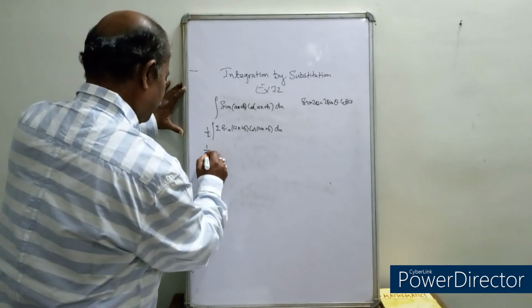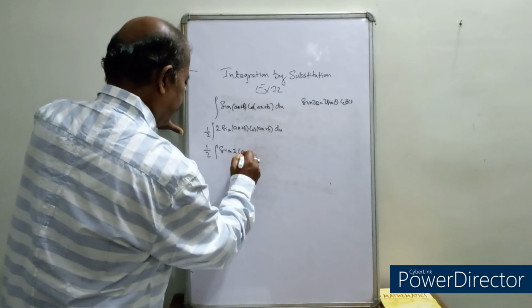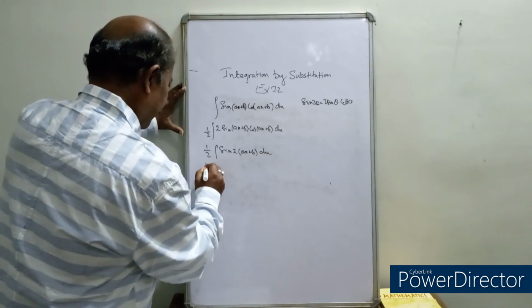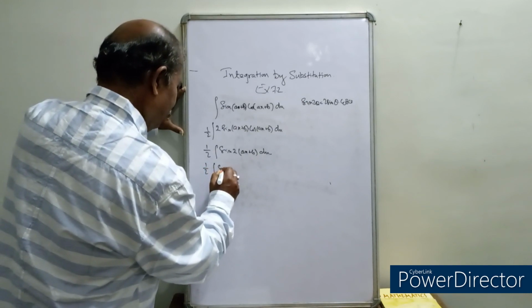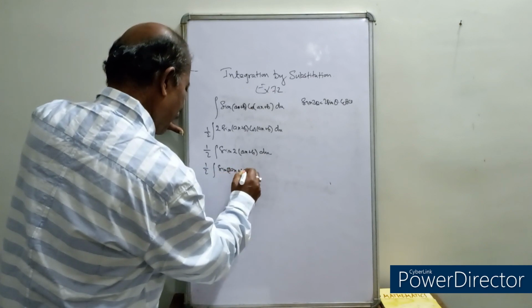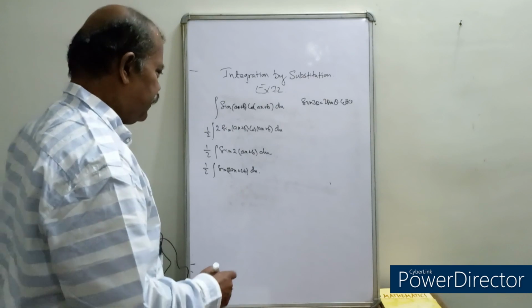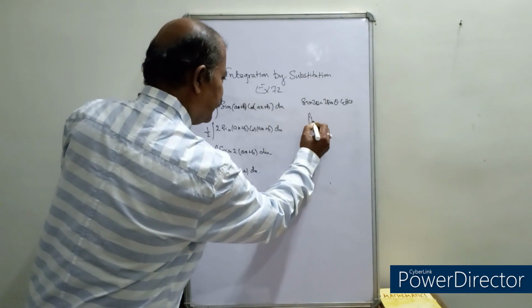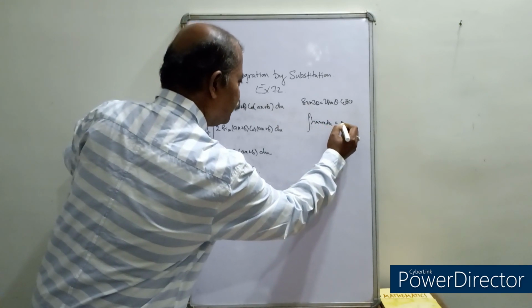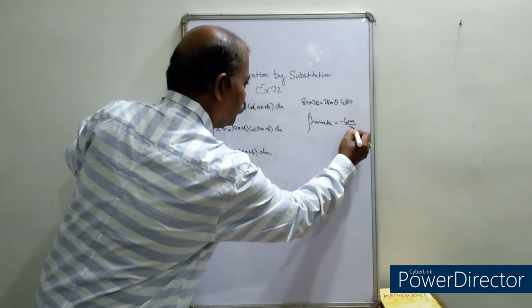So it comes out to be sin 2(ax plus b) dx. Now again 1 by 2 sin(2ax plus 2b) dx. You have already studied that in integration, integration of sin mx dx is equal to minus cos mx by m plus c.